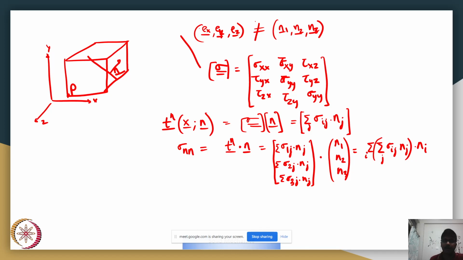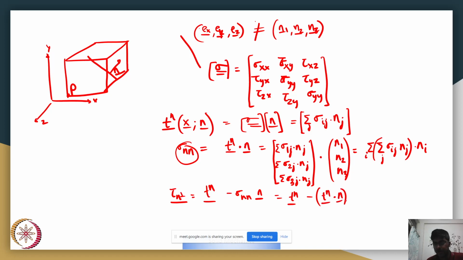So this is the normal component of the traction, and similarly you can calculate tau n perpendicular as Tn minus sigma n times n, which is Tn minus (Tn dot n) into n.